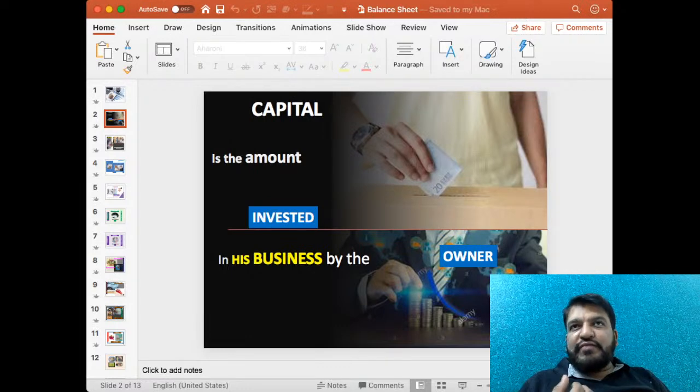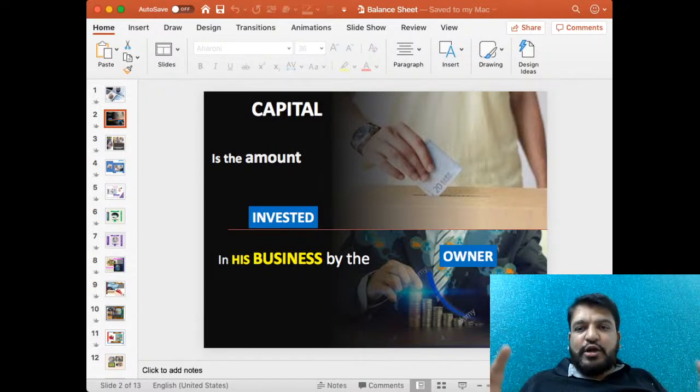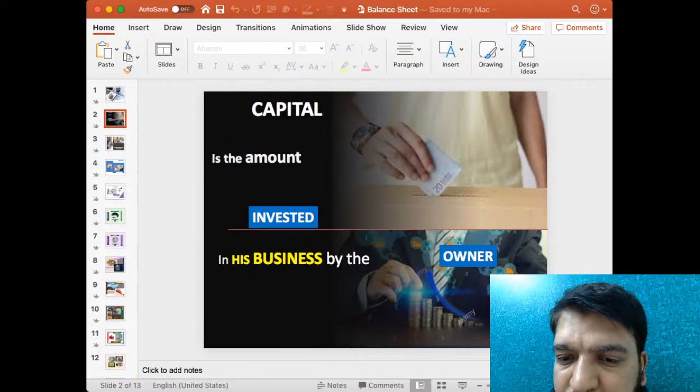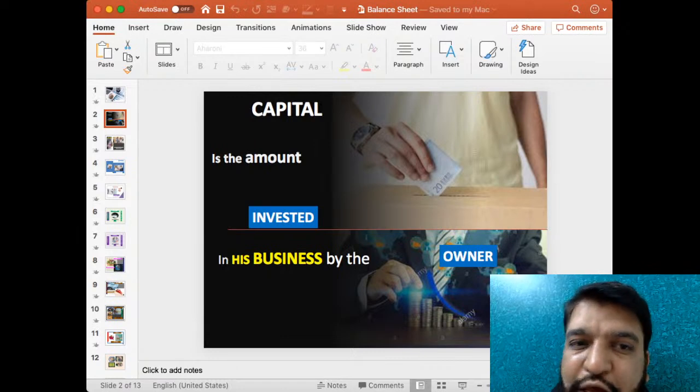Not only what you invested, you want the company to give you profits as well. So that is why it's a liability. We'll come to what a liability is, but for now just understand what a capital is. Capital is the amount invested or put into the business by the owner.